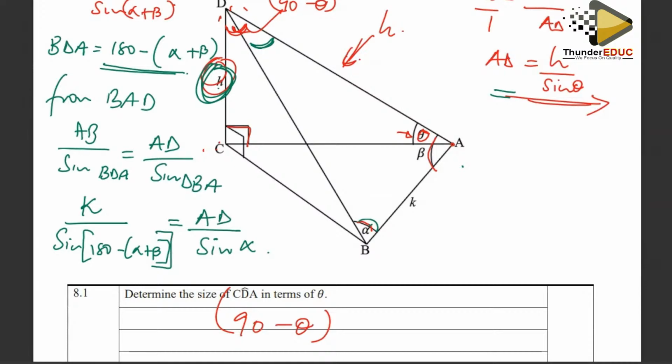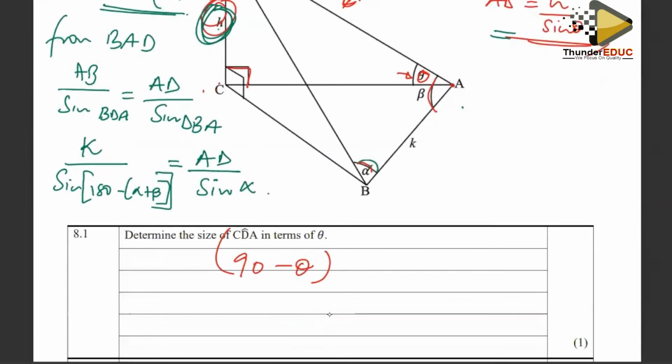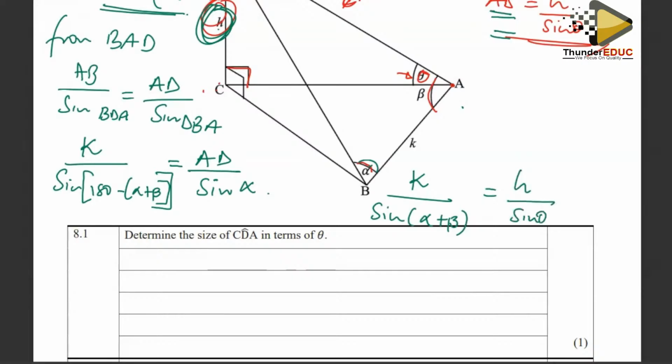Then let's do the cross multiplication and the substitution. Let me just erase this so that I have more space. So we have the k over, when we reduce this, that's going to give us the sine of alpha plus beta, is equivalent to the AD, which we already have as h over sine theta.